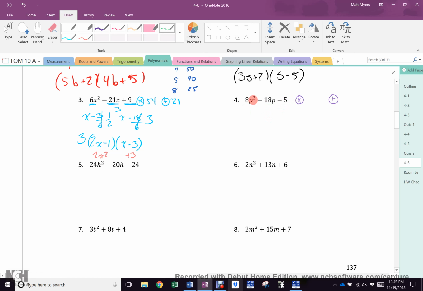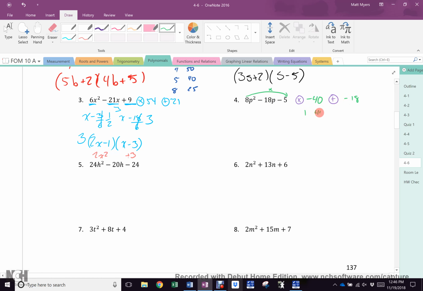So I have to do the original thing that I know how to do, except I'm not multiplying to -5 because the p squared is 8 times bigger. So I must multiply to -40. But I am still adding to -18. Next step, find those numbers.